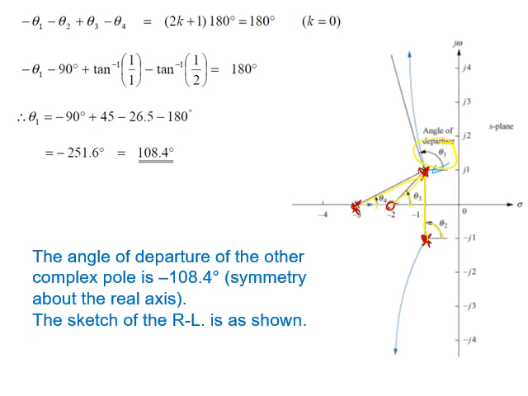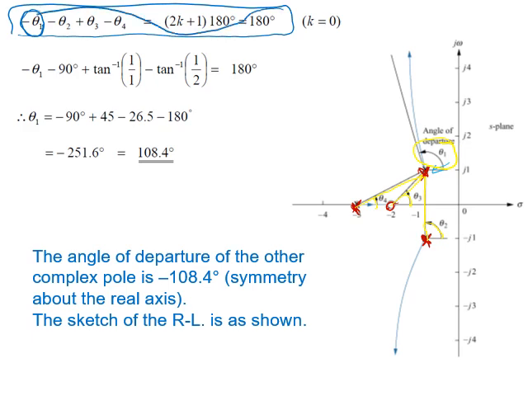Now, the equation is given here, which can be written as minus theta 1, where theta 1 is the angle which we need to calculate, minus theta 2 plus theta 3 minus theta 4 is equal to (2k plus 1) into 180, and with k equal to 0 it's equal to 180. To avoid confusion, we are always going to take it this way.